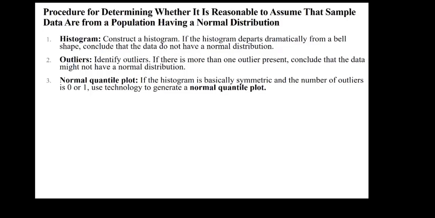Outliers. Identify outliers. If there is more than one outlier present, conclude that the data might not have a normal distribution. Normal quantile plot. If the histogram is basically symmetric and the number of outliers is 0 or 1, use technology to generate a normal quantile plot.